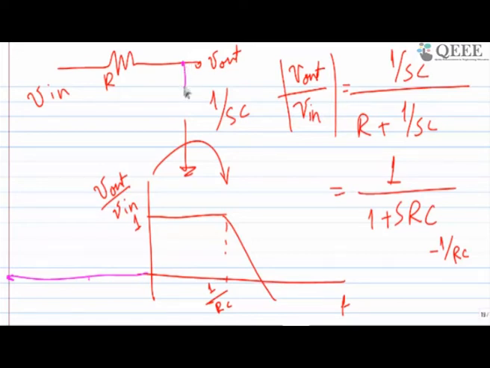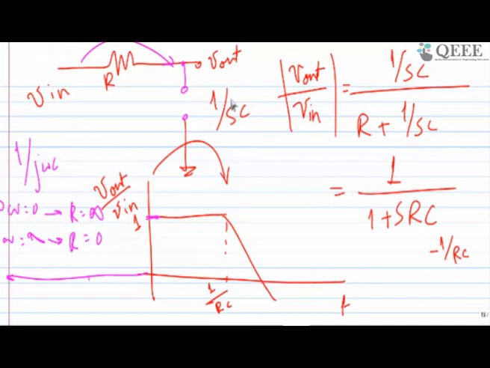The impedance is 1 by j omega C, and at omega equal to 0, the impedance is infinity, and at infinite frequency the impedance is 0. So at low frequency I am going to see that V in will be transferred over here. So V in equals V out.